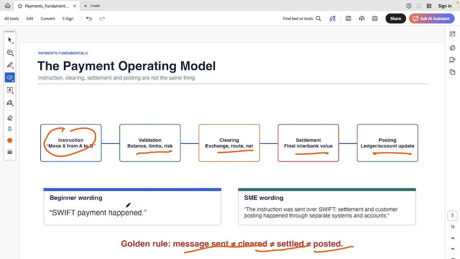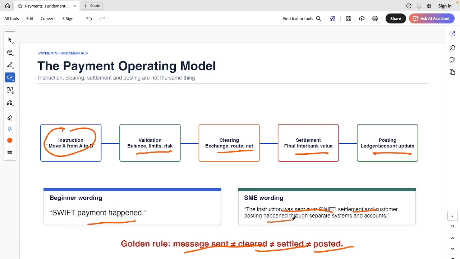Many people casually say the SWIFT payment happened, but as an SME, your statement actually matters. You should be saying that the instruction was sent over SWIFT, settlement and customer posting happened through separate systems and accounts.